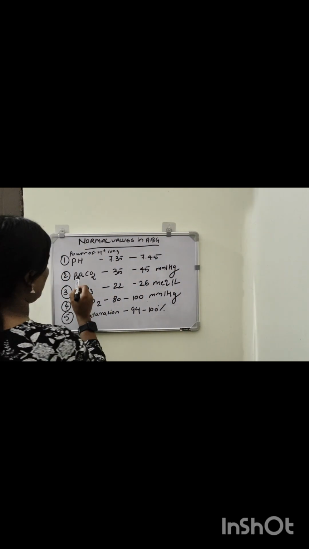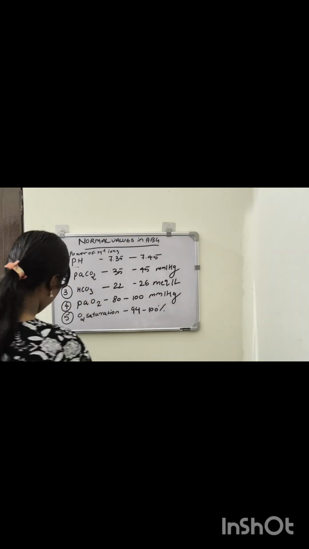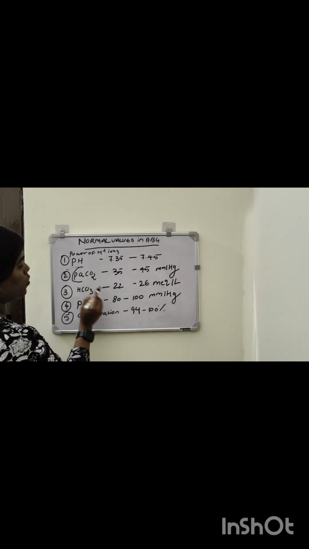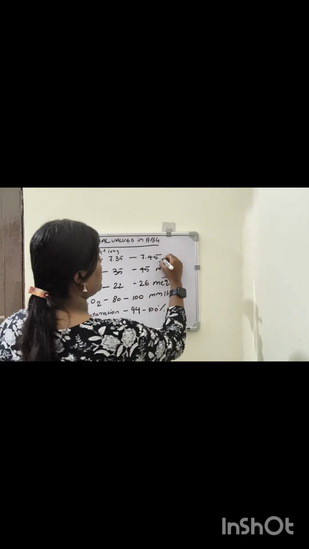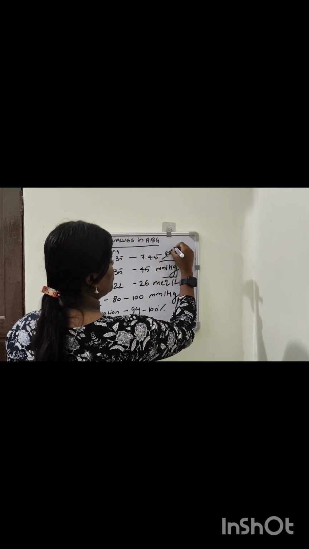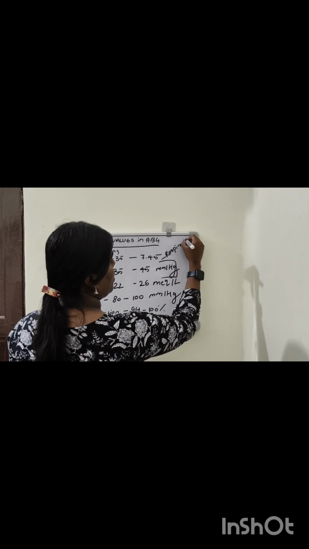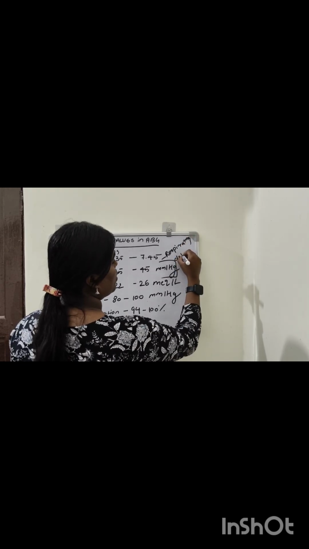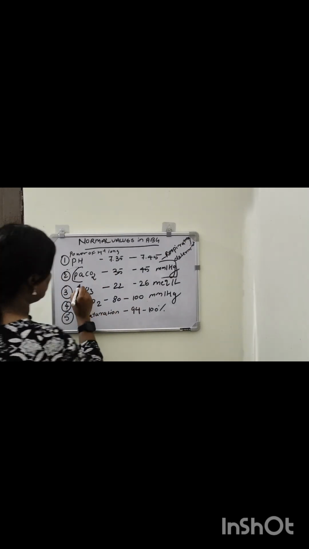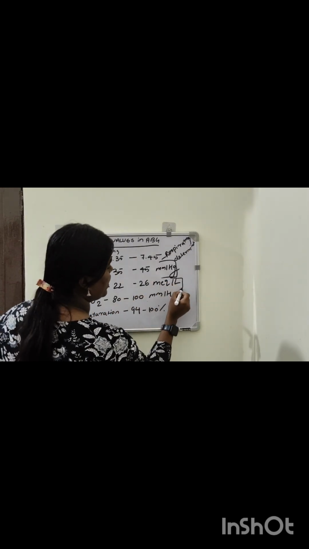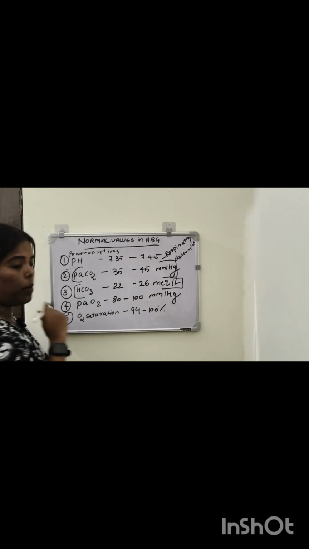So from this we can find out easily, like PaCO2. This indicates the respiratory system, so it is a respiratory determinant. The bicarb level indicates what? Metabolic.